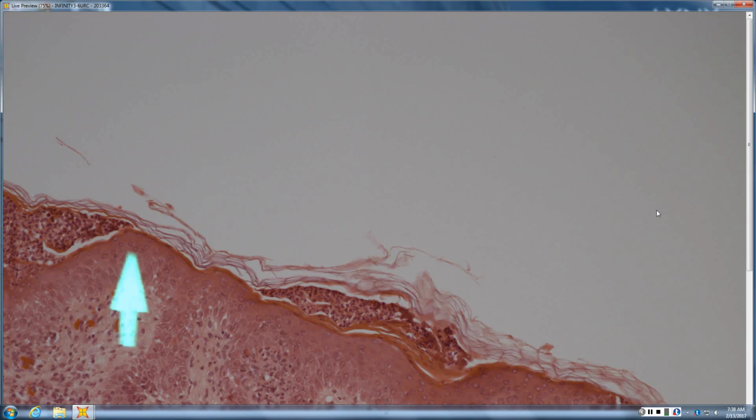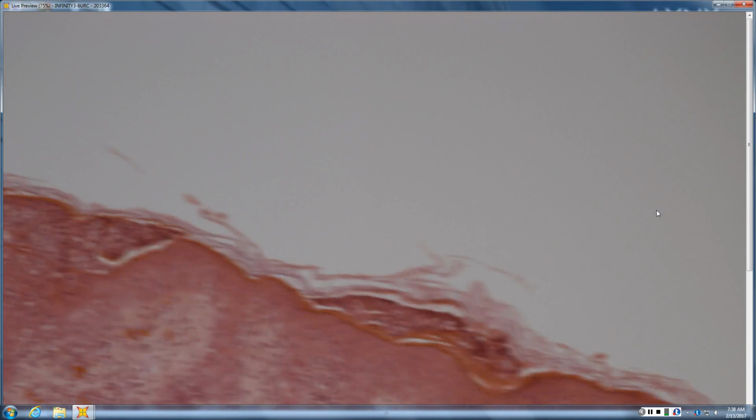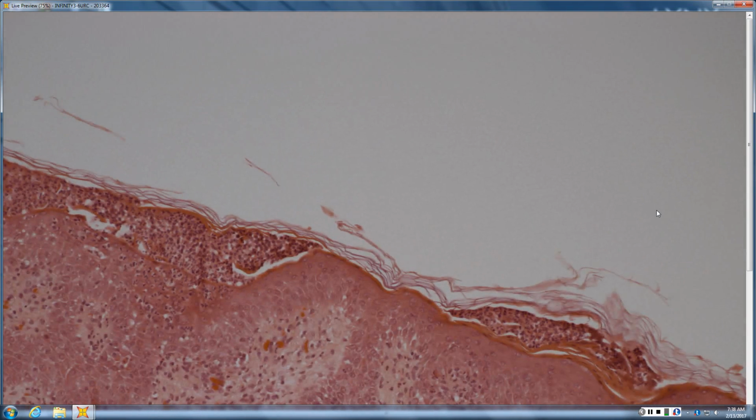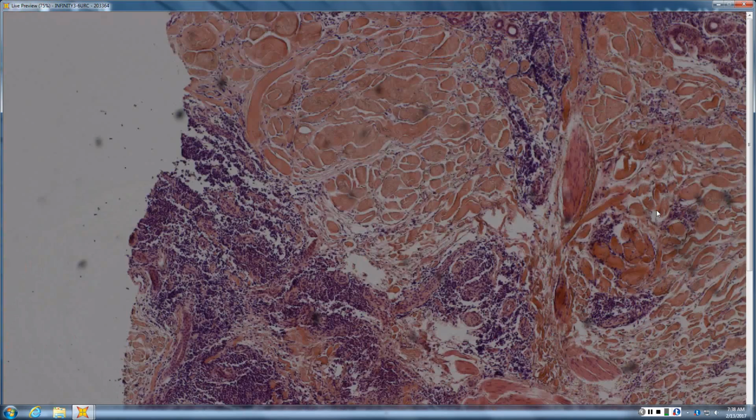Also with subcorneal pustule, you have to think of things like Sneddon-Wilkinson, IgA pemphigus. So that would be a very good differential. And that one was pustular psoriasis, but it could easily be any of those things.